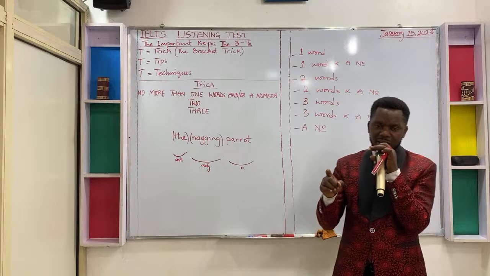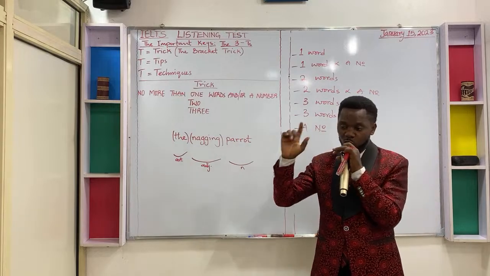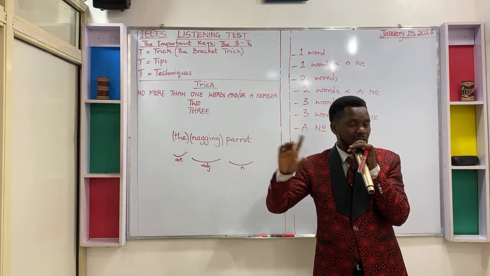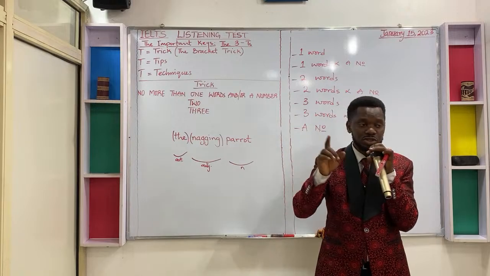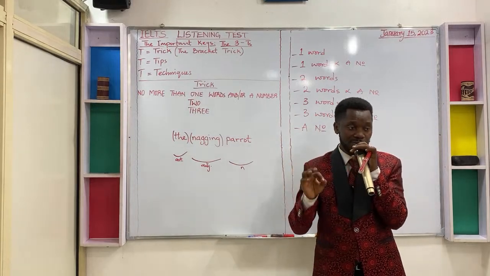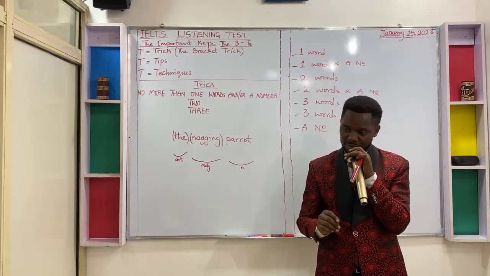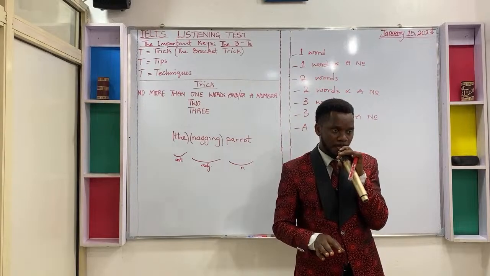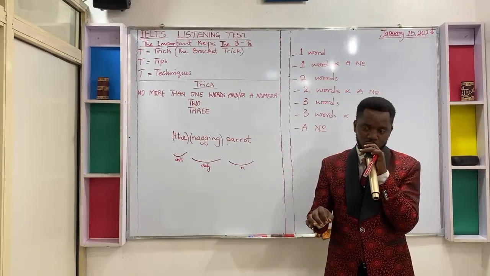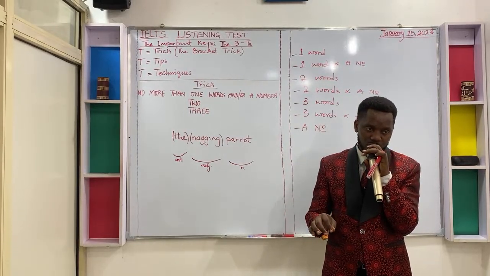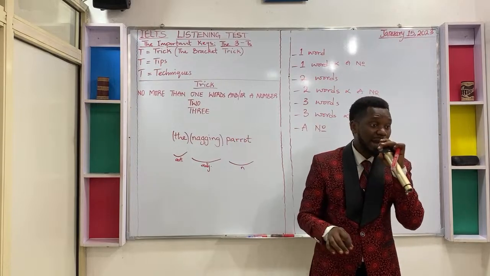But remember, your main answer must always be left open. Do not ever put your main answer in brackets. If you do that, automatically it's no longer your main answer. Do you understand? What does the bracket do when it's around the word? It makes that word optional.